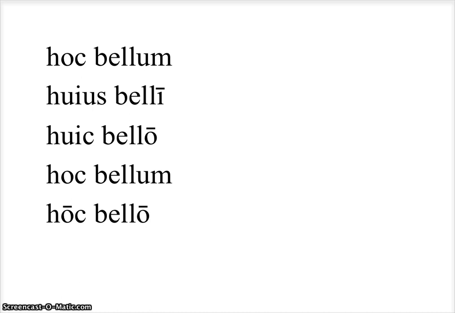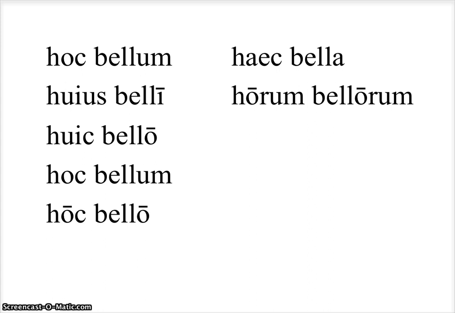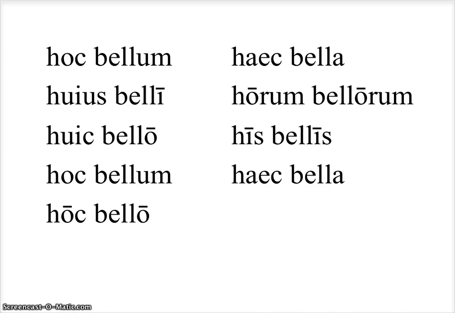What was that neuter plural nominative? Hae, hi, haec. Haec bella. Genitive, everything else is going to look very familiar. Horum bellorum. Dative, plural, his bellis. Accusative, just like the nominative, haec bella. And ablative, just like the dative, his bellis. Very good.